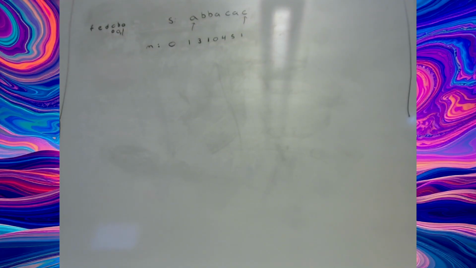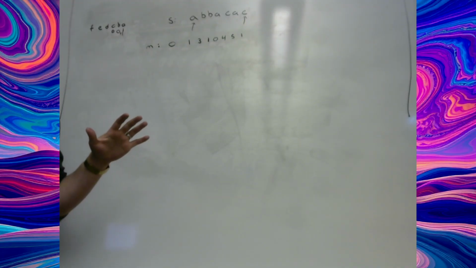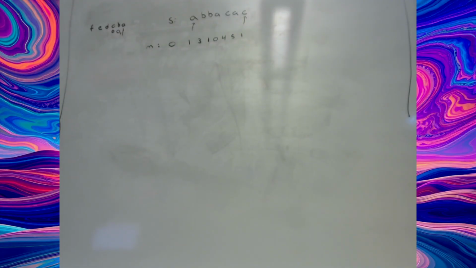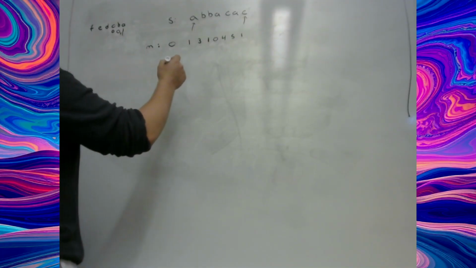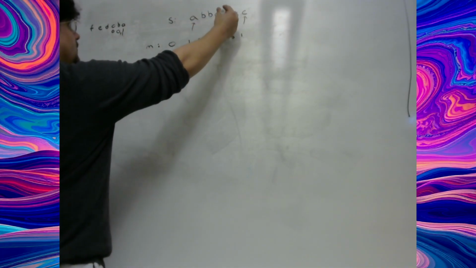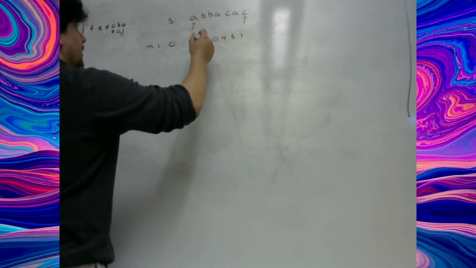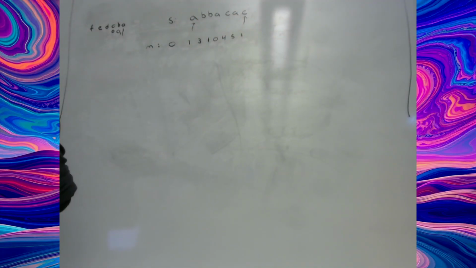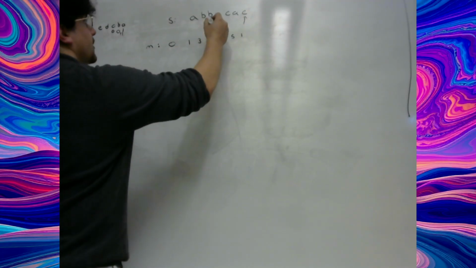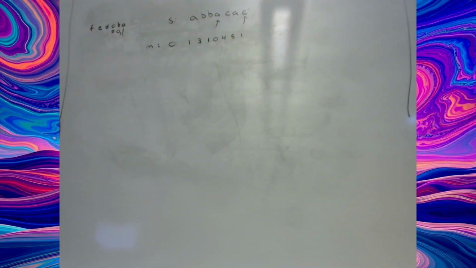So the next trick follows from the original prefix table. If we want to find the evenness of any arbitrary substring, not just a prefix substring, we're going to do the same idea. Let's say I wanted to query between here and here. I want to see if this guy is even, right?